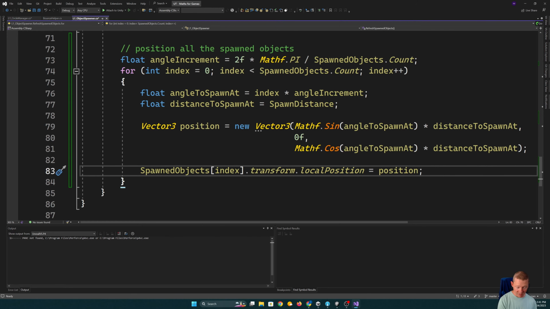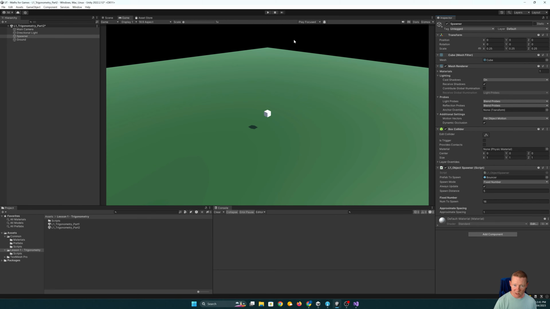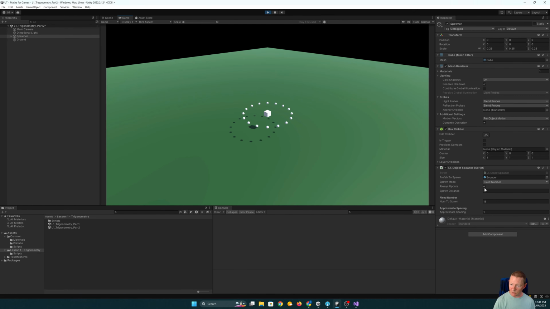That should mean we have a bunch of objects being spawned with this. So let's run it, and we can see we've got them being spawned. Now we're spawning a fixed number, and the downside with that is as we change the radius, they move further out, but we don't get the same sort of density.